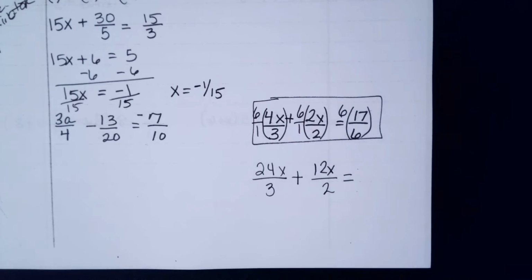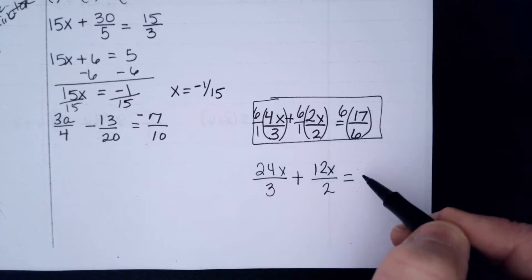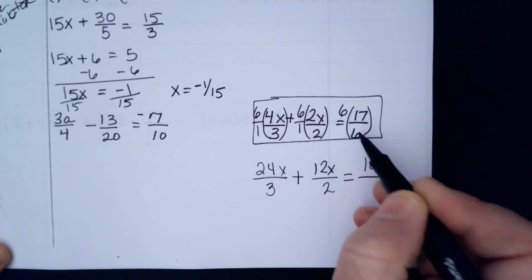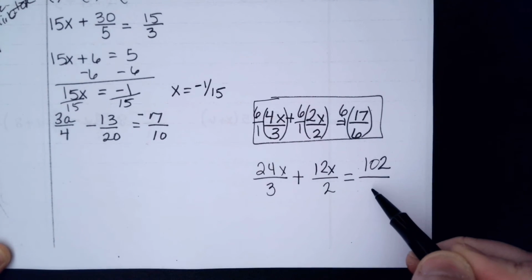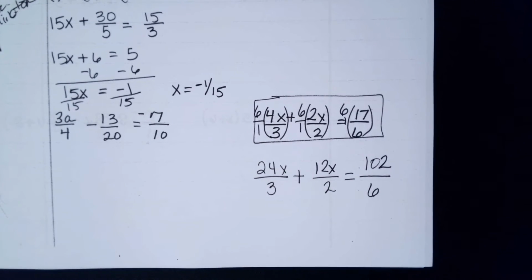Okay, move right along. You've got 6 times 17 over 6. 6 times 17, James? 102. And then 1 times 6, James? 6. Okay, so we still have fractions, but these fractions are all going to simplify into regular, nice, whole numbers.